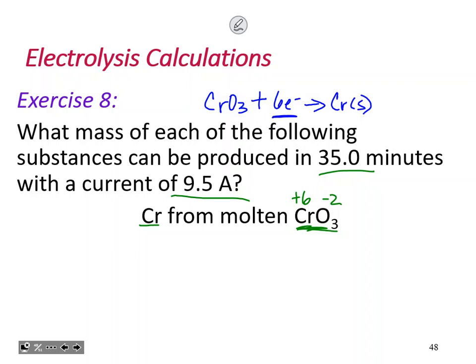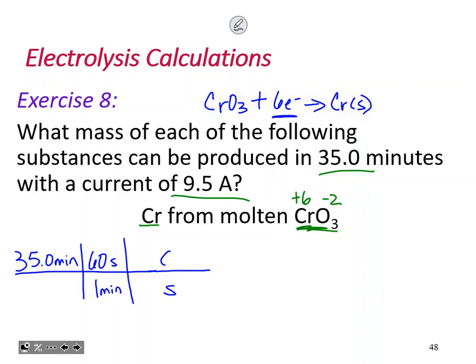So now we still start with our time. But in this case, now I'm just going to do 1 minute equals the 60 seconds and be able to go from there. Then we have seconds to coulombs, and for our amps, remember, that's going to be our 9.5 coulombs. All right, 9.5 coulombs per 1 second.